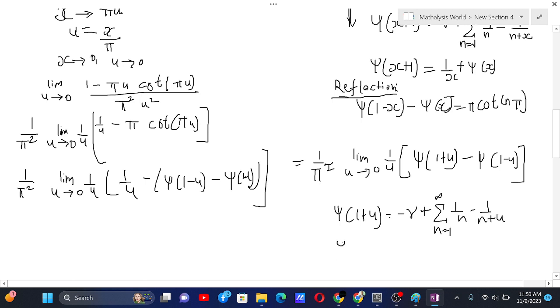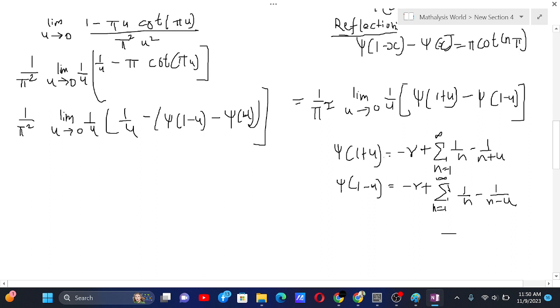And for 1 minus u, we have to substitute u by negative u: negative of Euler Mascheroni constant plus summation from n equals 1 to infinity 1 by n minus 1 by n minus u.